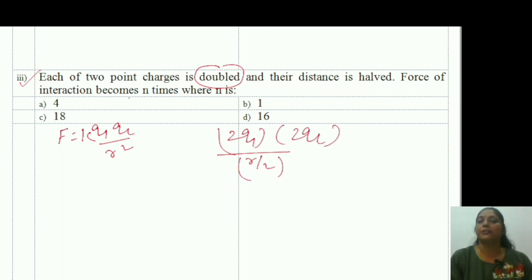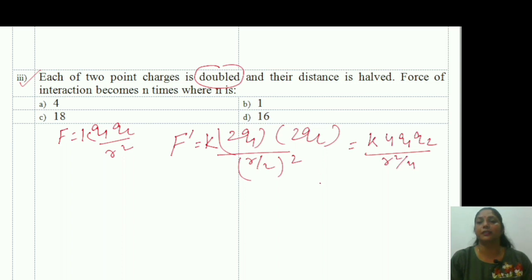The force of interaction becomes N times, where N is how much the force increases. Now you have to calculate the new force, F dash. This time the first charge is 2Q1, the second charge is 2Q2, and the distance is R by 2 whole square. Now solve this one. So K into 2 times 2, that is 4 Q1 Q2, by R square by 4.